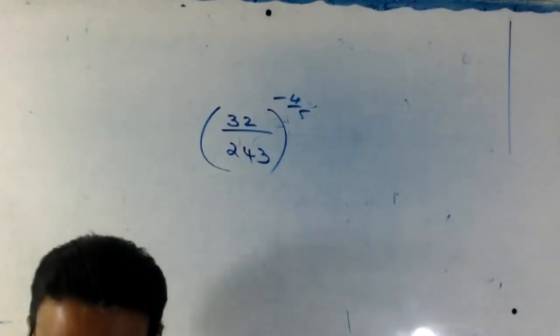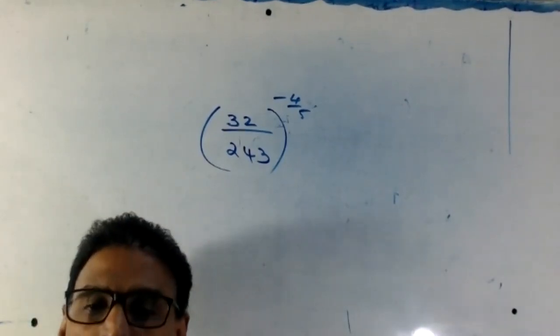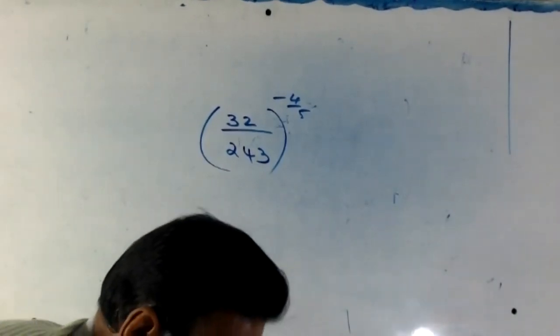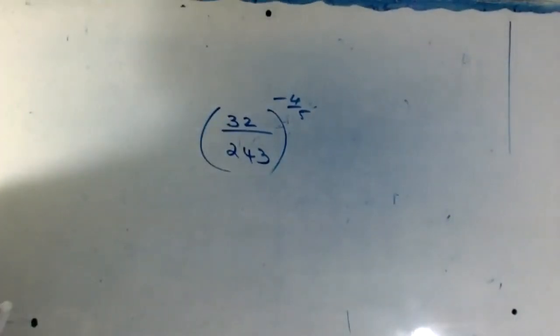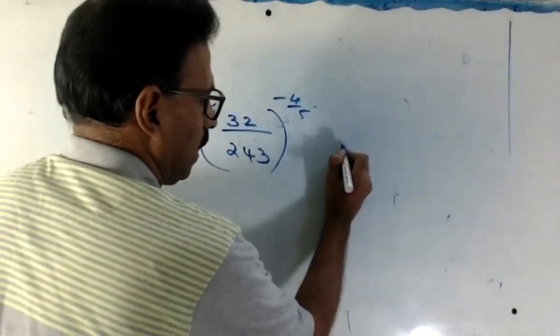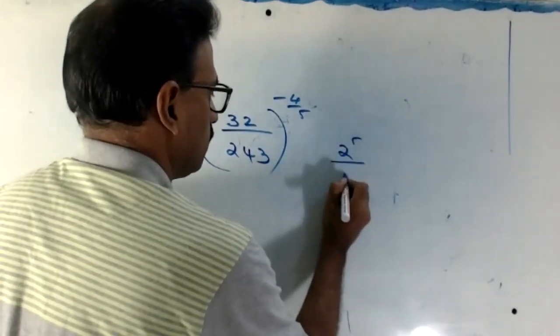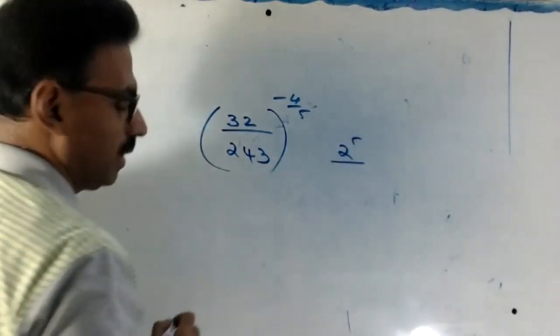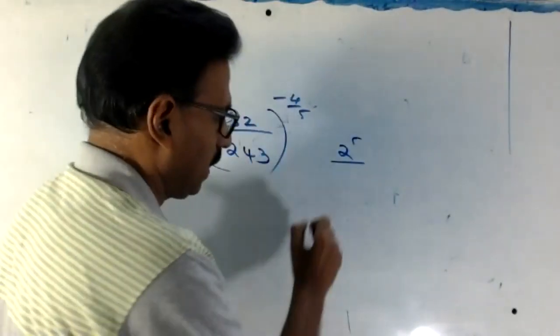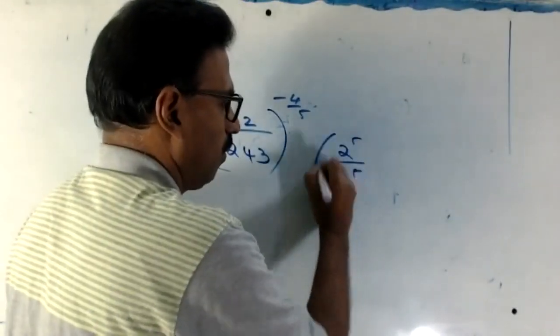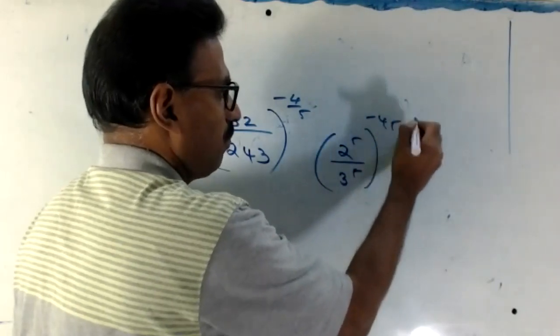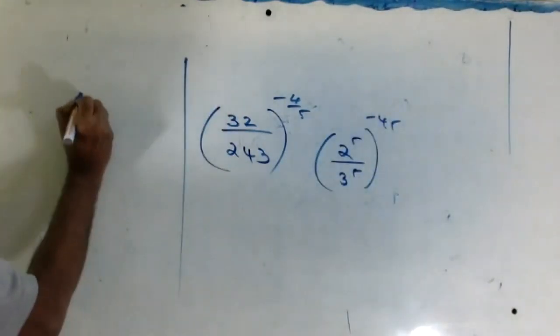Okay, let us see. I'll wait. Here, 32 is, I think, 2 raised to 5. This one, how much? It is 3 raised to 5, all raised to minus 4 by 5. I'll show this one. Look here, 32.